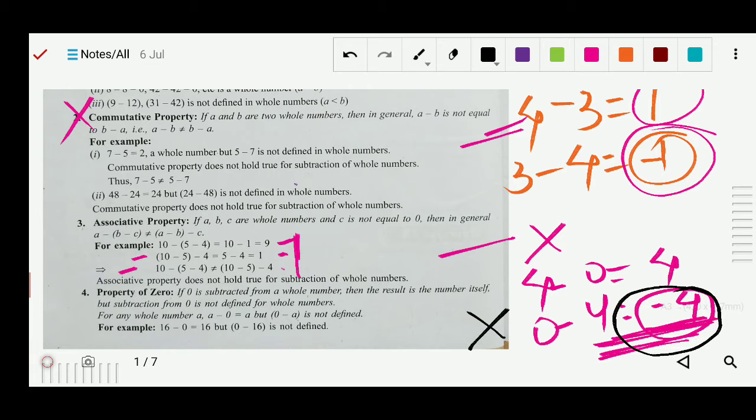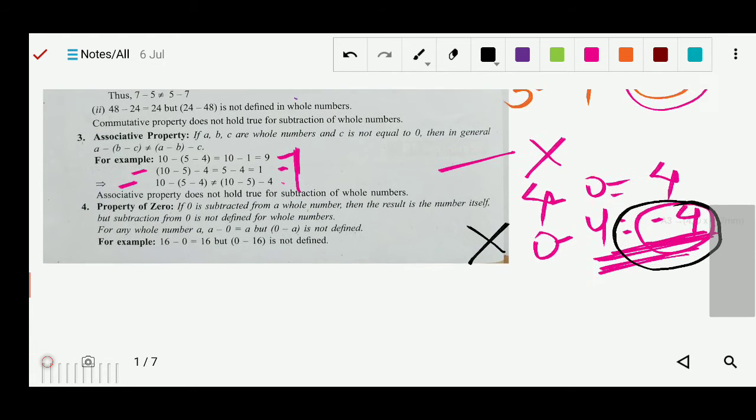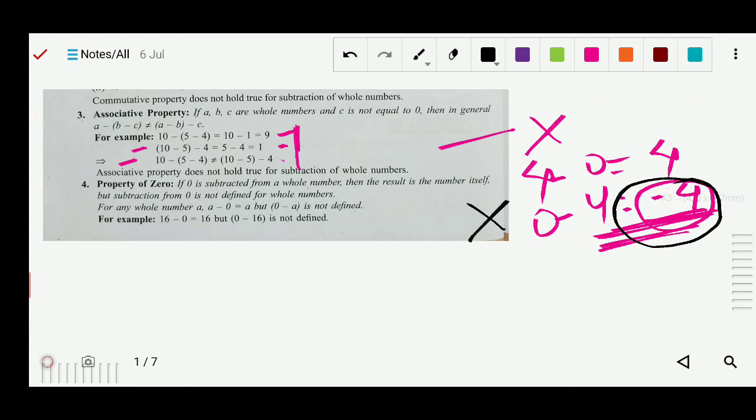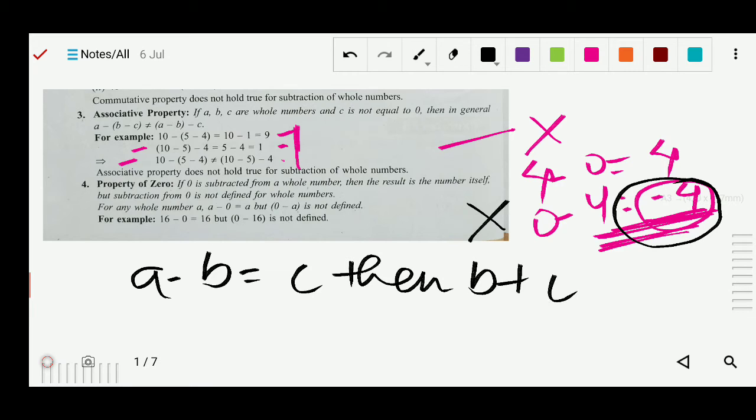There is one more property. If a, b and c are whole numbers and a minus b equals c, then b plus c equals a. What does it mean?